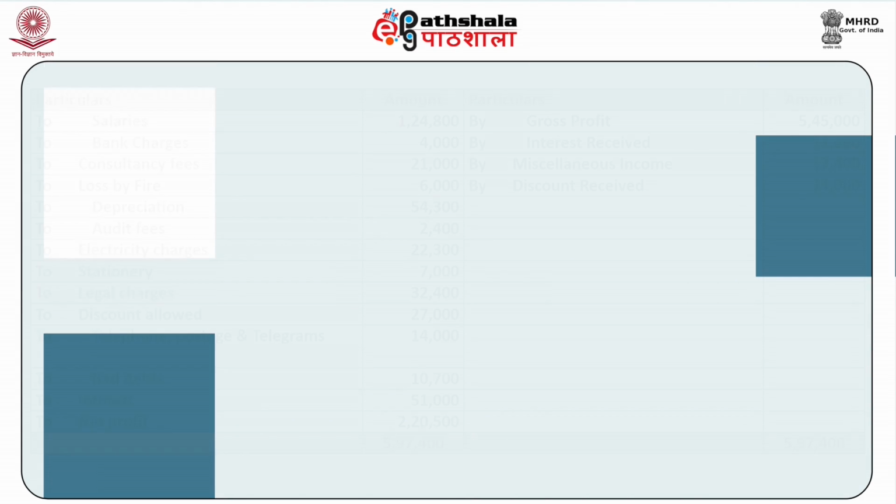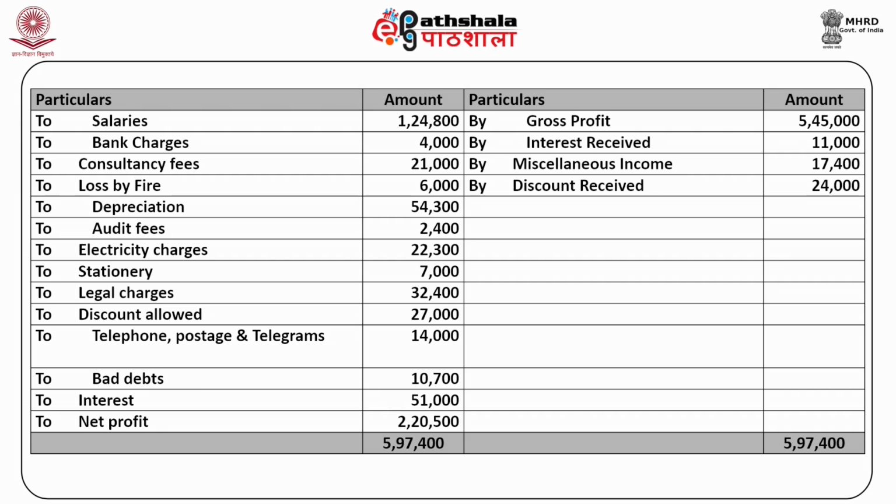Solution. In the books of Evershine Traders, profit and loss account for the year ended 31st March 2015.